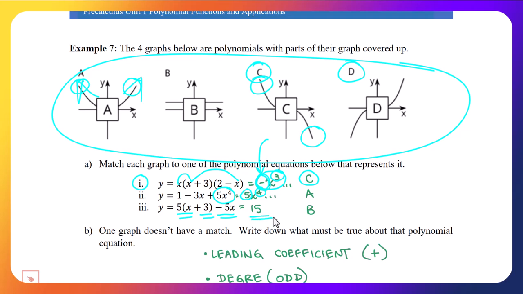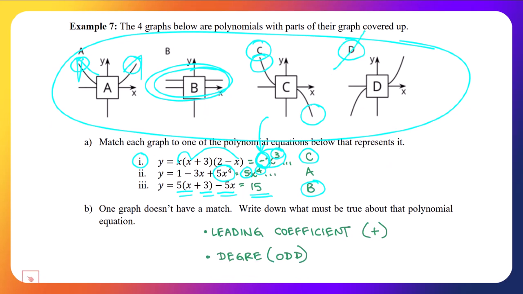Simplifying, this is just 15, and remember that if y equals a number, it's always a horizontal line. And so that's B. The one we didn't choose was D.